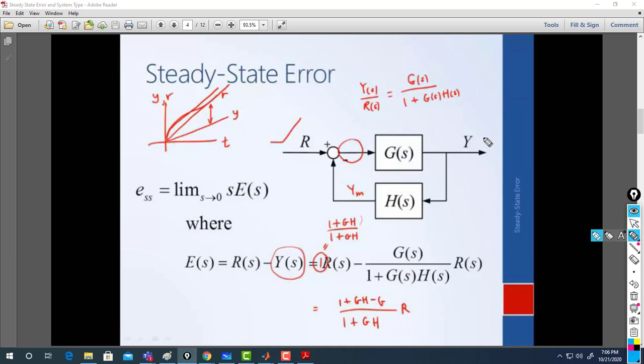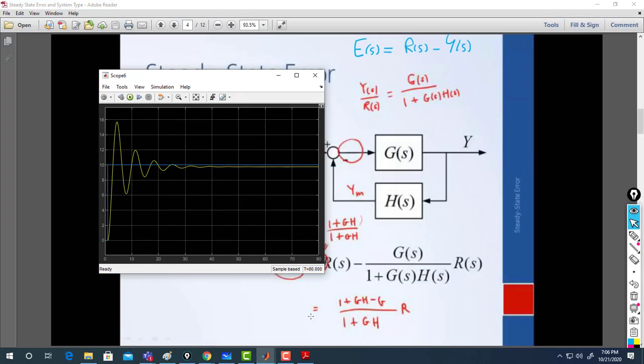By definition, here is a slight difference. By definition, error is your reference minus your output. Always. In practice, that's what we do in the simulation, right?